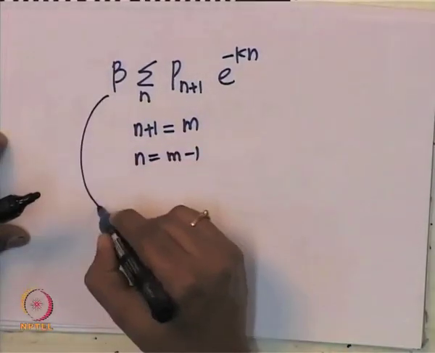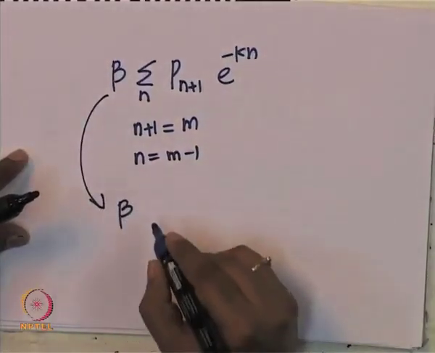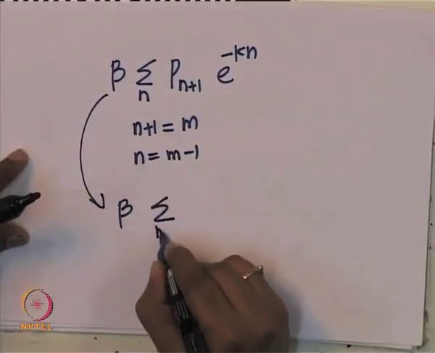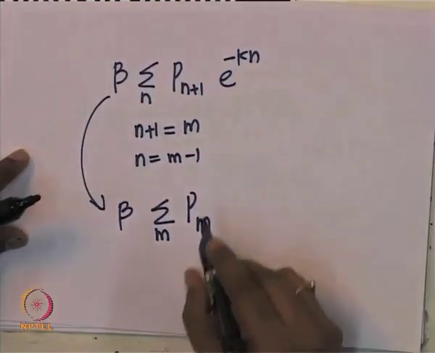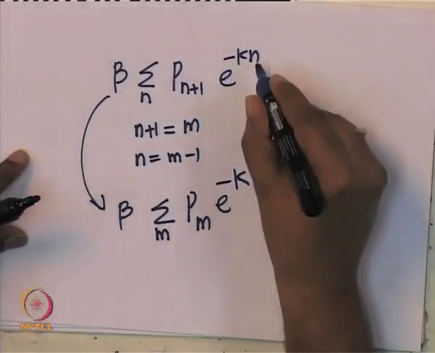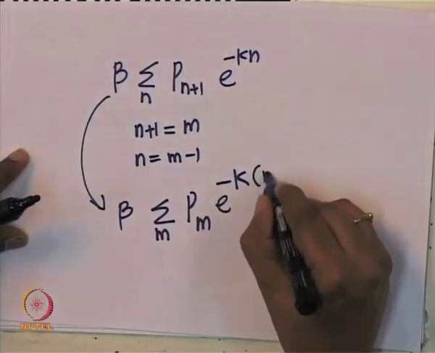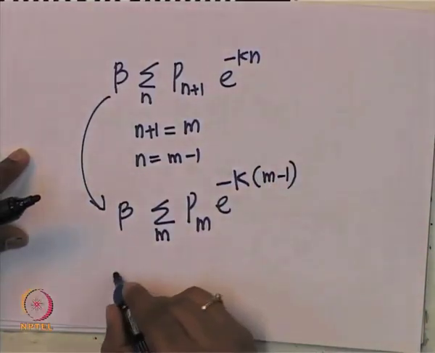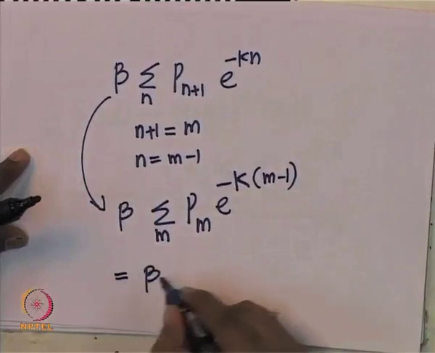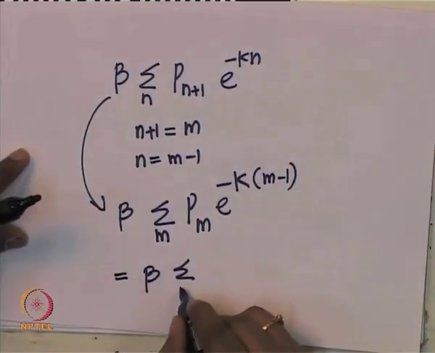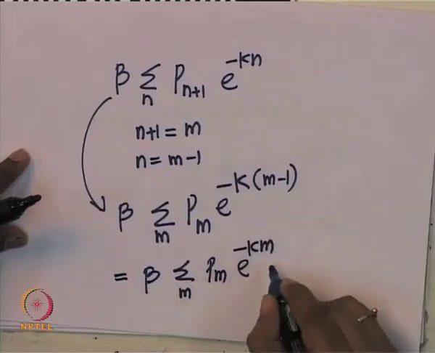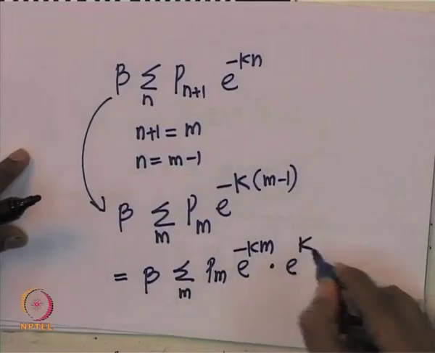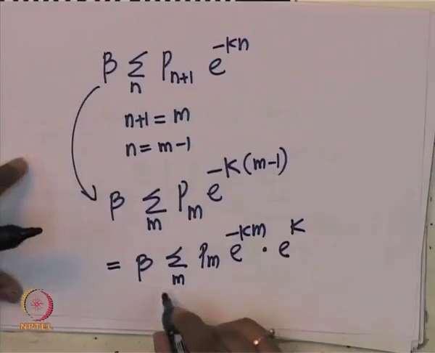So, this whole thing becomes beta times sum over m, p n plus 1 becomes p m, e power minus k n becomes e power minus k times m minus 1. So, this is m minus 1.